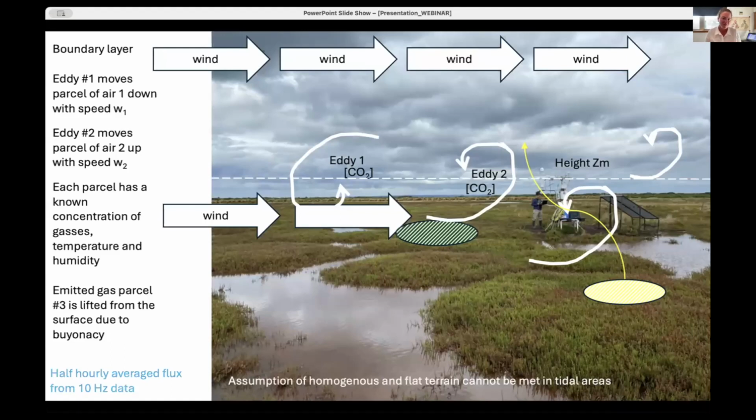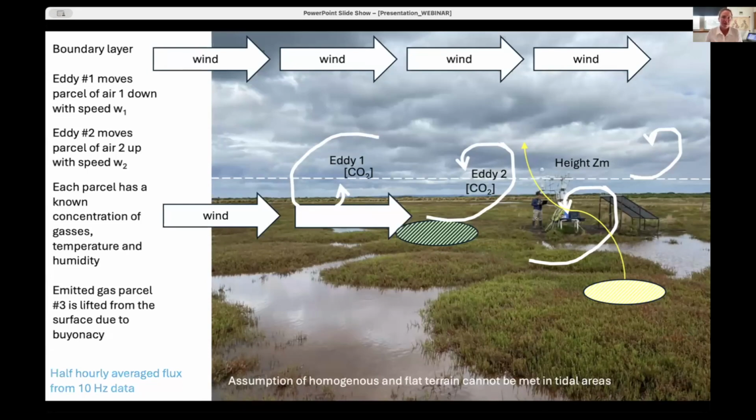So we have a movement of air that's vertical, and it represents periods of time where we have air that, say, came from the ground and is heading to the atmosphere, or from the atmosphere to the ground. And if we measure these eddies coming through frequently enough, and we measure the concentration of gas within them, and we do some fancy mathematics, we can work out fluxes.